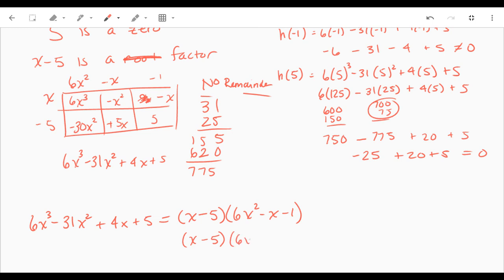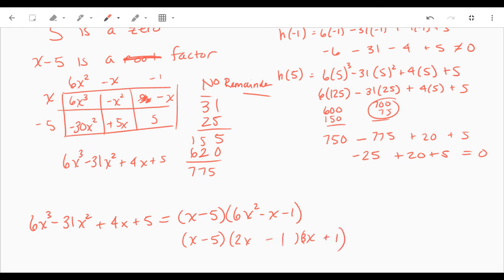We'll have 6x and x. Let's see here. Oh, I'm sorry, not 6x. 2x and 3x, and we'll have minus 1 and plus 1.